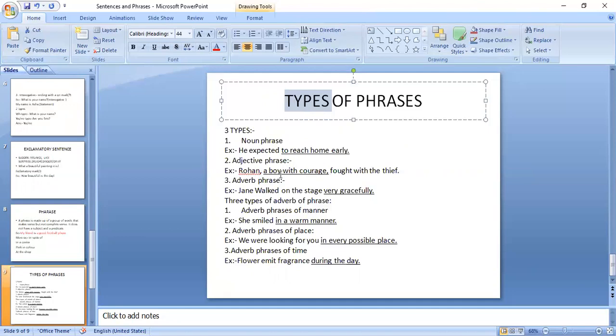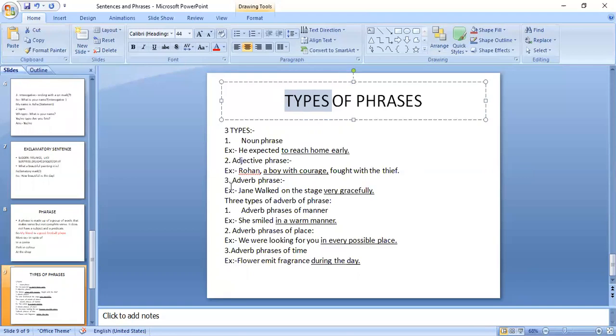Here, a boy with courage is telling more about the noun. An adjective tells more about the noun. Here the noun is Rohan, and a boy with courage is telling more about the noun. So a boy with courage is an adjective phrase.